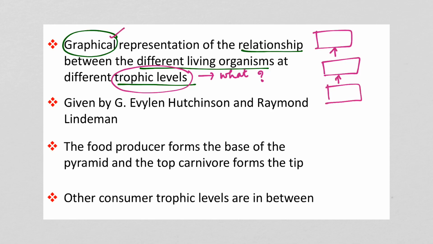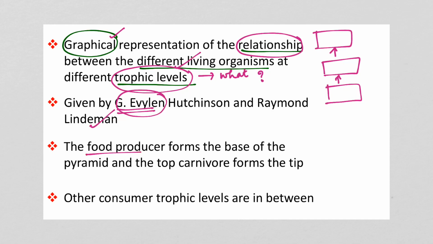So the graphical representation of the relationship between different organisms in different trophic levels is called an ecological pyramid. And this concept was given by G. Evelyn Hutchinson and Raymond Lindeman.